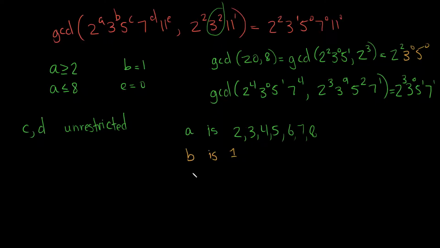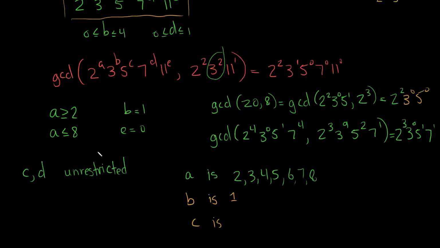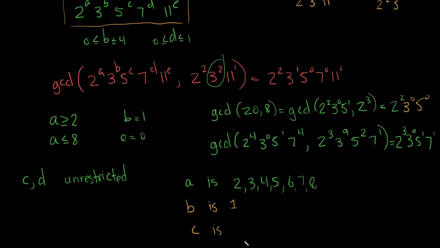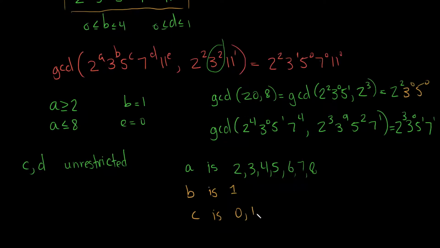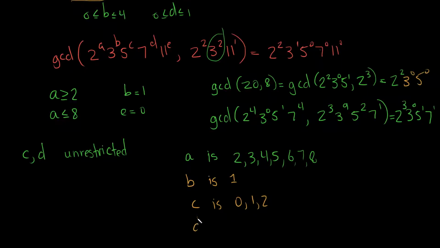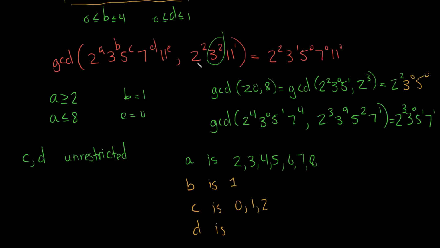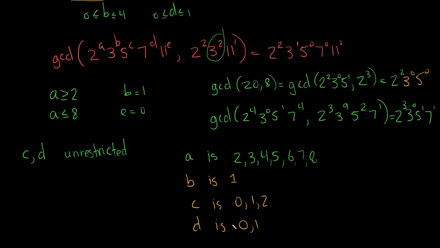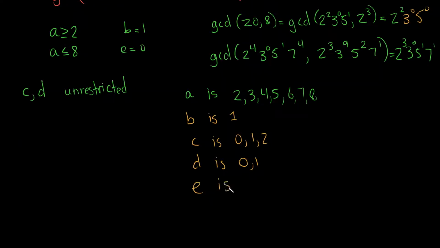C and D are unrestricted, and what that means is that C is unrestricted with respect to the new constraints, but still between 0 and 2. So C is 0, 1, or 2. D is similarly between 0 and 1. D is 0 or 1. And E is precisely 0, so that no powers of 11 sneak through the GCD.